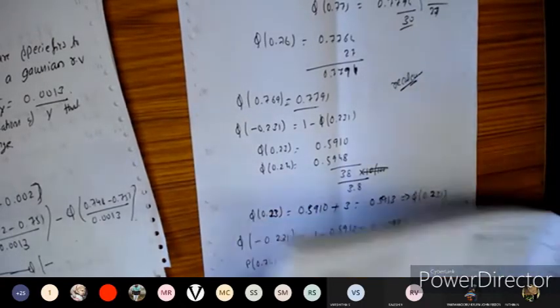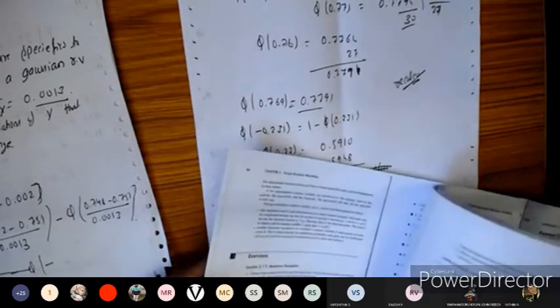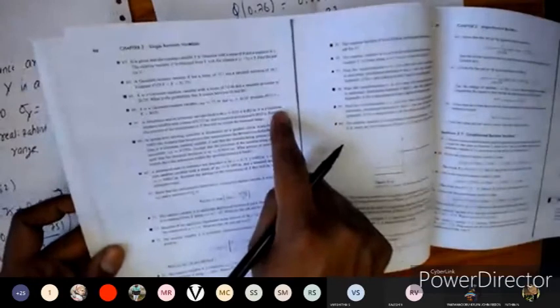So this is actually problem number 67 in the exercise problems of the prescribed textbook here.